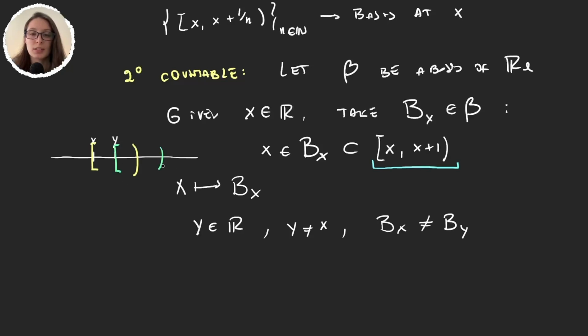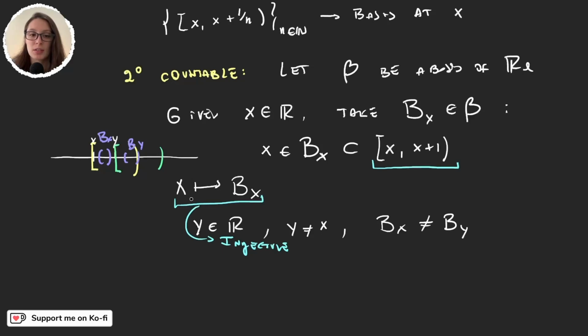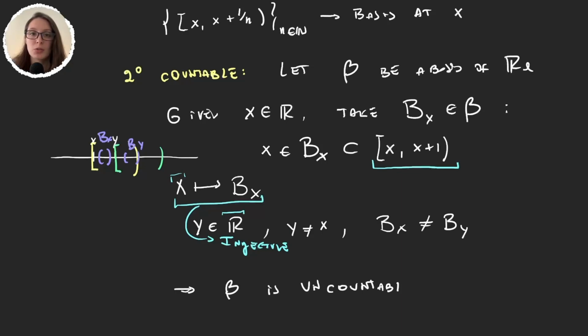So neither of these is a subset of the other, meaning that the sets that we grab, B_x and B_y, will be different. And that proves that this function is injective. But now we have as many elements x as numbers in the real line. So this function is injective, and that means that this basis has to be uncountable. And with this, we know that RL is not second countable.